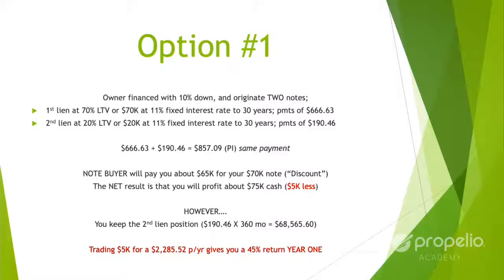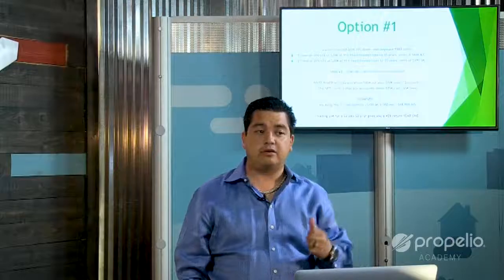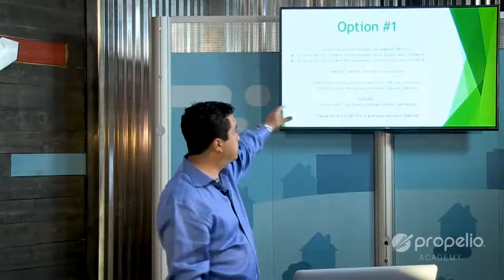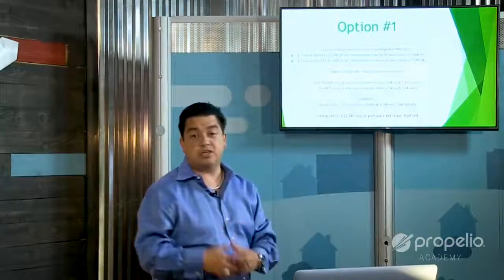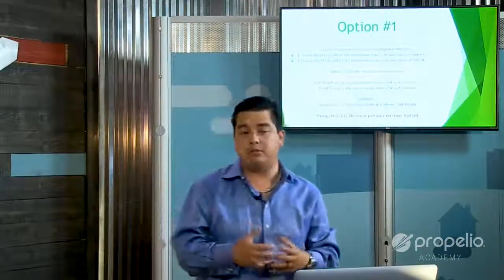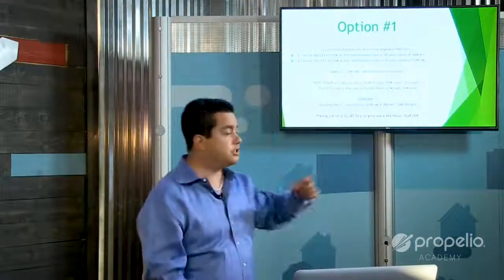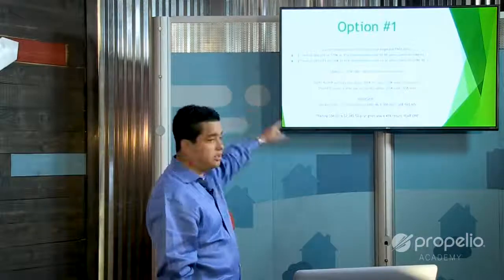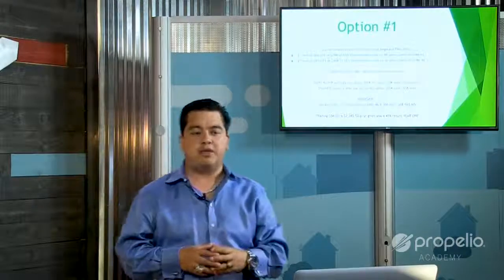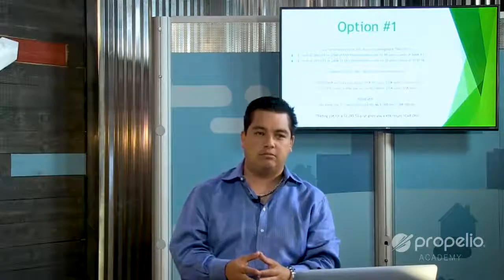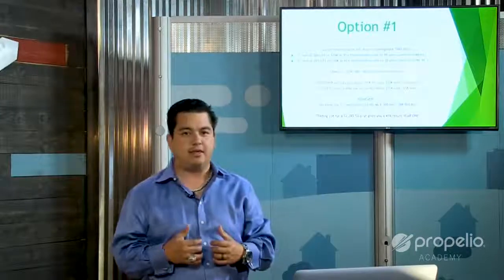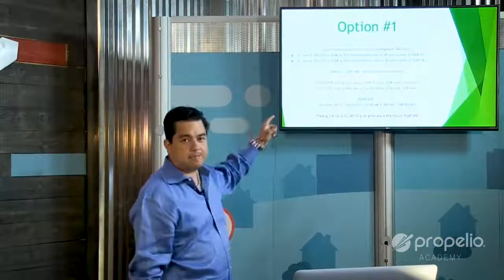Maybe it'll be easier for them to refinance. Do you think it'll be easier for them to refinance a 70% LTV note with the traditional lenders? Maybe they were kind of marginal. They probably could. And then, of course, you would remain as a second lien position.